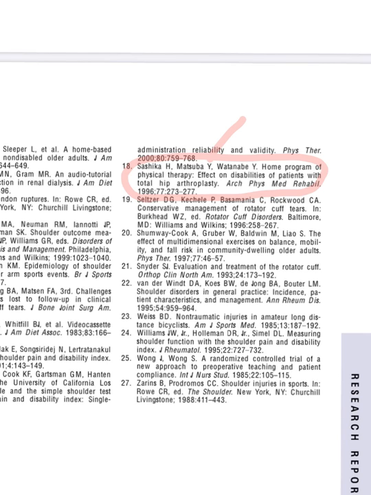So Sashika, I'm not sure how to say these other names. And then you'll notice that there is a period after that. And then the name of the study. So Home Program of Physical Therapy, Effect on Disabilities of Patients with Total Arthroplasty, period.